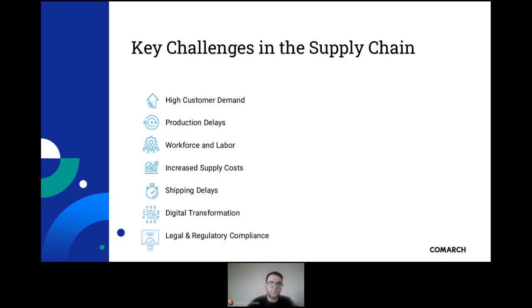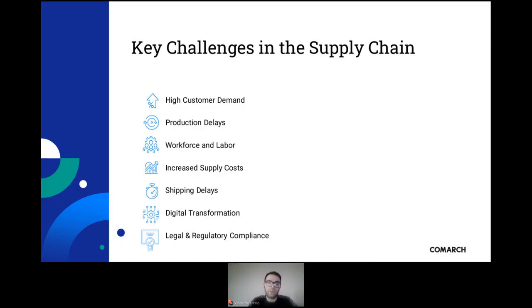Also because of inflation, we are seeing that pricing in supply costs is increasing, and the cost of materials is increasing too. If your organization, like many others, is facing budget constraints as you try to navigate this post-pandemic market, higher supply costs can make this process even more difficult.